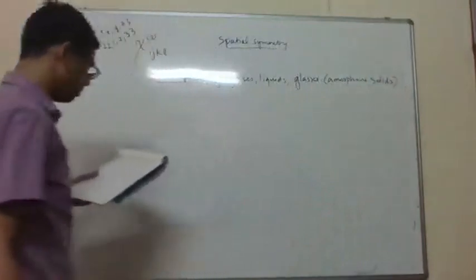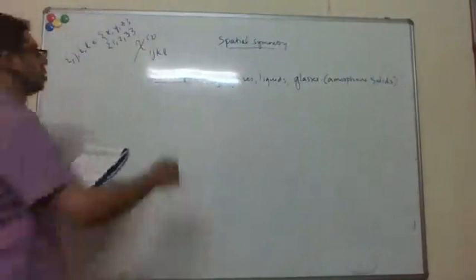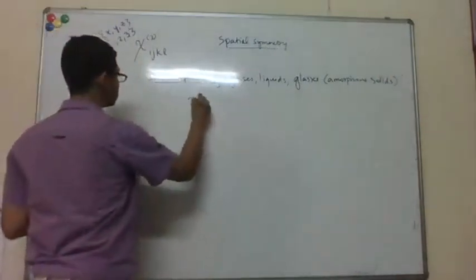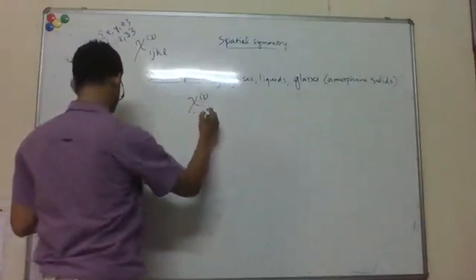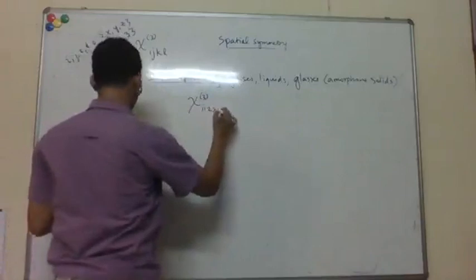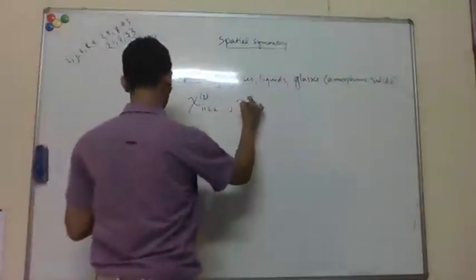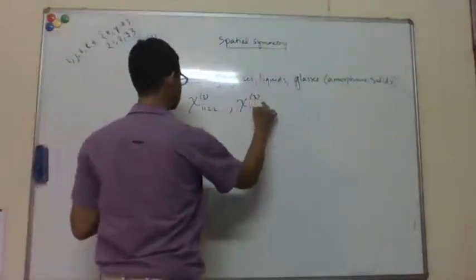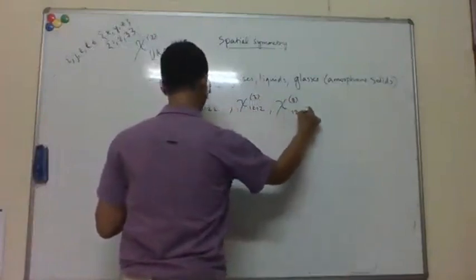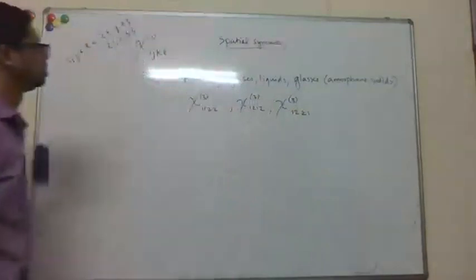It turns out for isotropic materials there are only 3 independent elements: 1, 1, 2, 2, and so on.